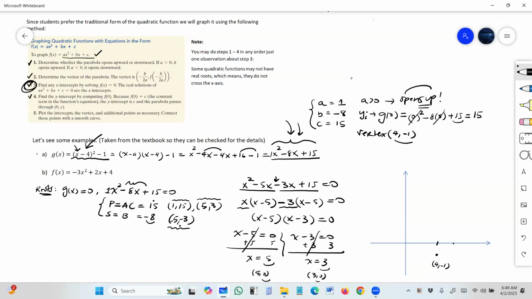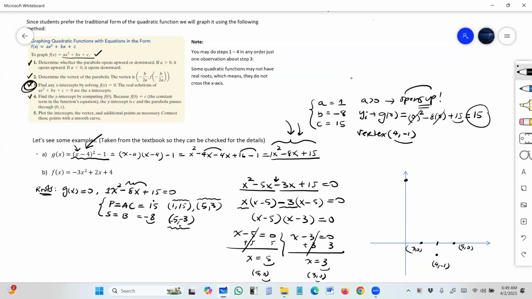So let's say that 5, 0 is here, and let's say that 3, 0 is here. And then I'm going to plot the y-intercept, which is 15. So let's say it's about here.